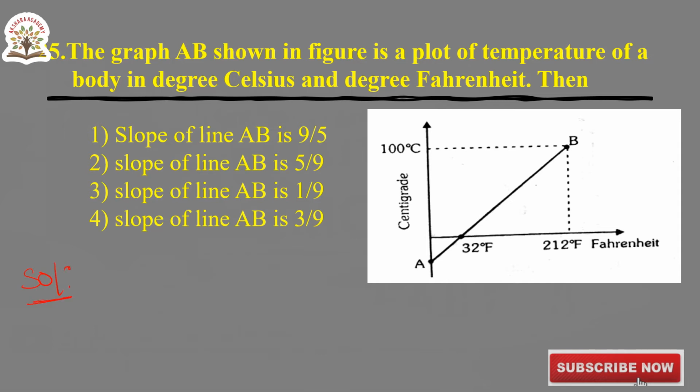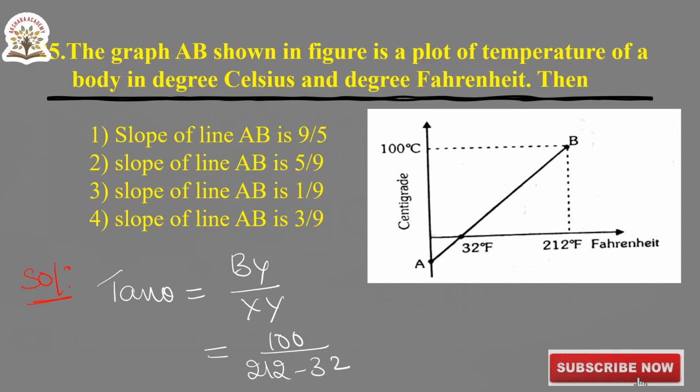From this graph, slope tan theta is equal to BY by XY. So that is equal to, here they have given that point B corresponds to temperature 100, and XY denotes 212 minus 32. So tan theta is equal to 100 by 212 minus 32, 180.